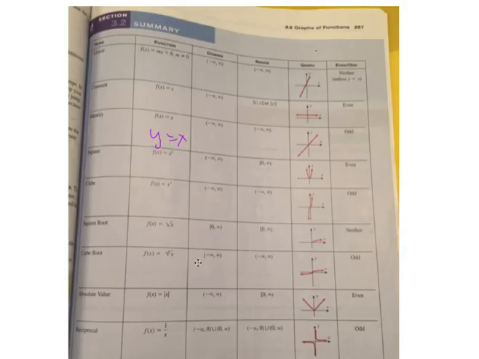Then we have absolute value, and that looks like a V. My domain is from negative infinity to infinity, but my range is only from 0 to infinity, and it is even. I have the reciprocal function. It looks like this. And actually, this is a hyperbola, only it is rotated 45 degrees. Just something worth knowing, but it's really a reciprocal function.